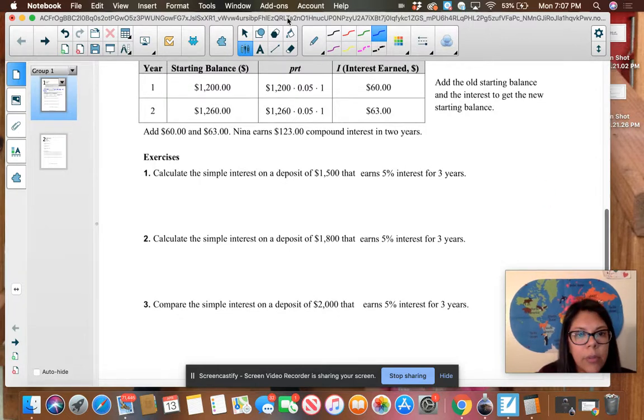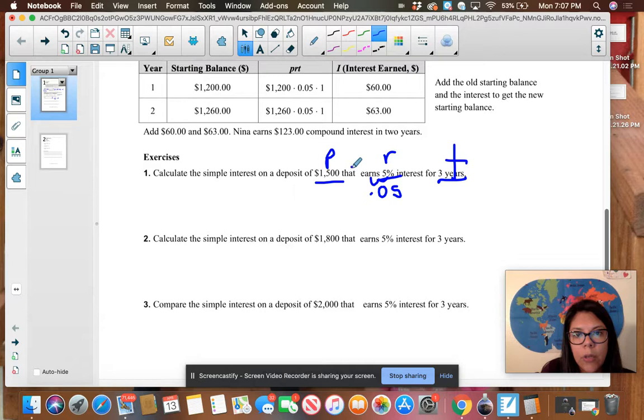So we're going to do an example. Calculate the simple interest on a deposit of 1,500. That's P. 5%, that's my R. And 3 years, that's my T. Remember, we have to change the 5% into a decimal. So move your decimal 2 spaces to the left, that's 0.05.